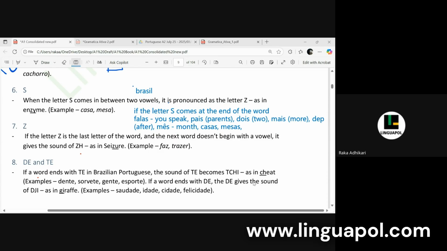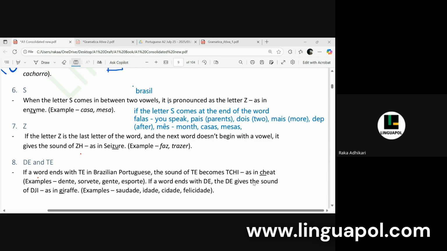Ótimo. Ok. Vamos proceder para a próxima letra. Next letter, Z. So this letter Z again has the same rule as the letter S. The normal sound of Z is Z. Okay.